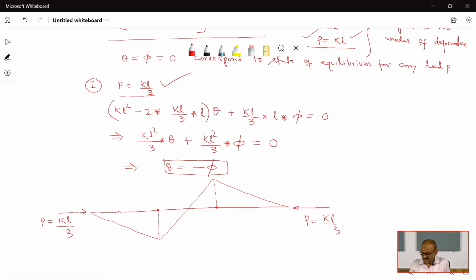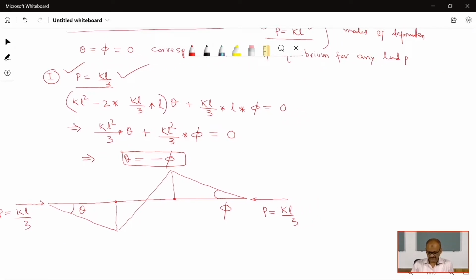Here, this is theta and this is phi. So, this is the mode shape when the load P is equal to KL by 3 is acted on this 2 degree of freedom rigid body system.